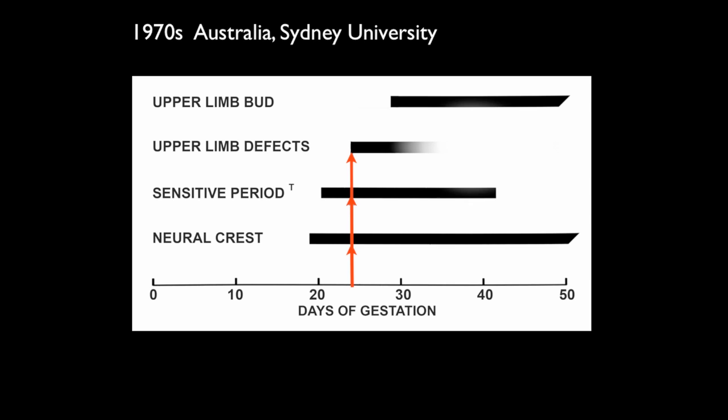Now, the neural crest is present when thalidomide attacks the embryo. The arm bud, however, is not present until 4 days after thalidomide has caused upper limb defects. So the drug is certainly not acting within the limb bud.